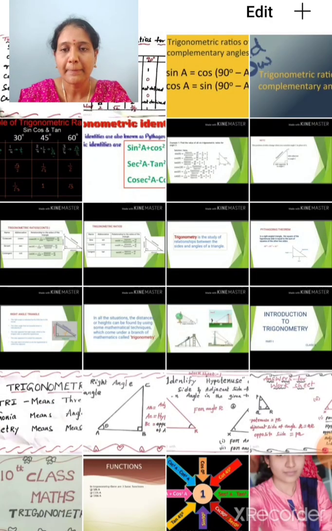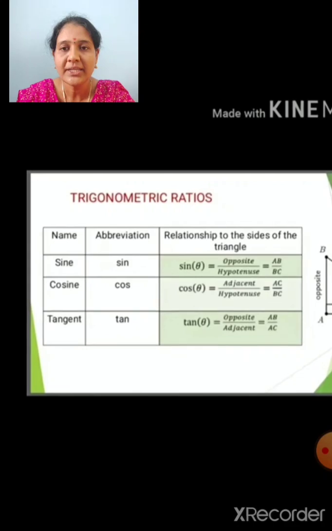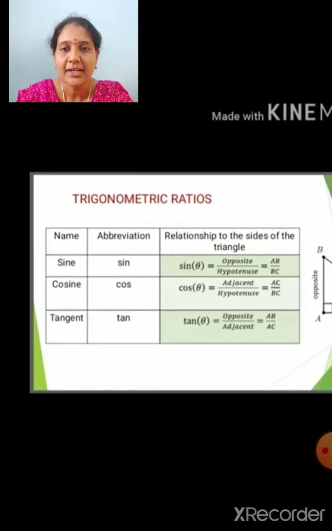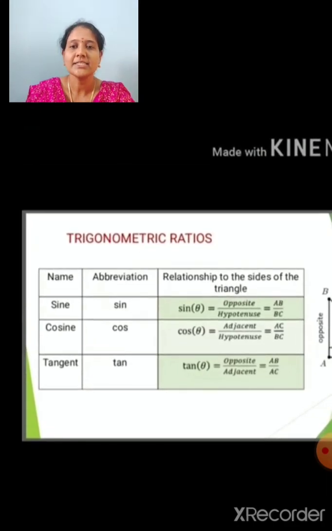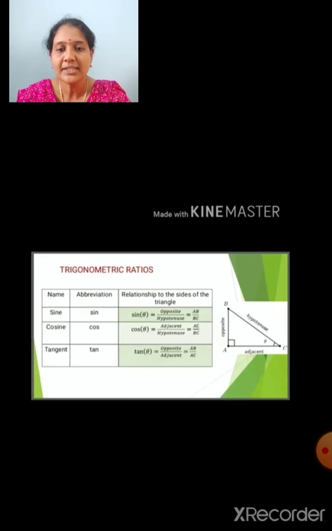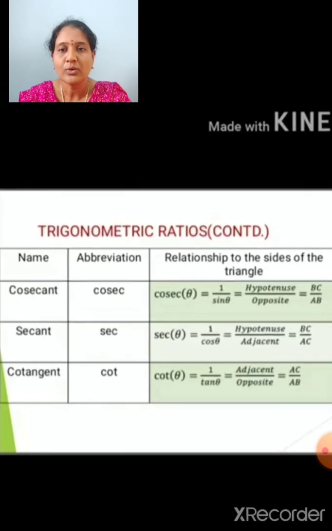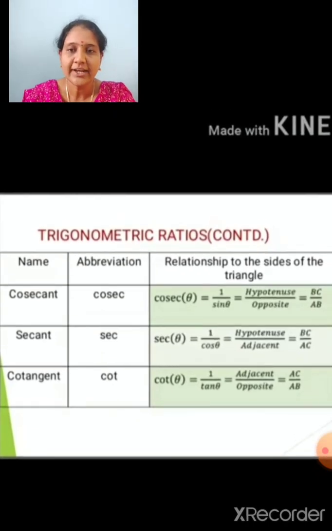What are they? Listen. First one is sine, abbreviation sin. Second one, cosine, abbreviation cos. Tangent, abbreviation tan. Likewise, the other three are also there, children. What are the other three? Cosecant, secant, cotangent.